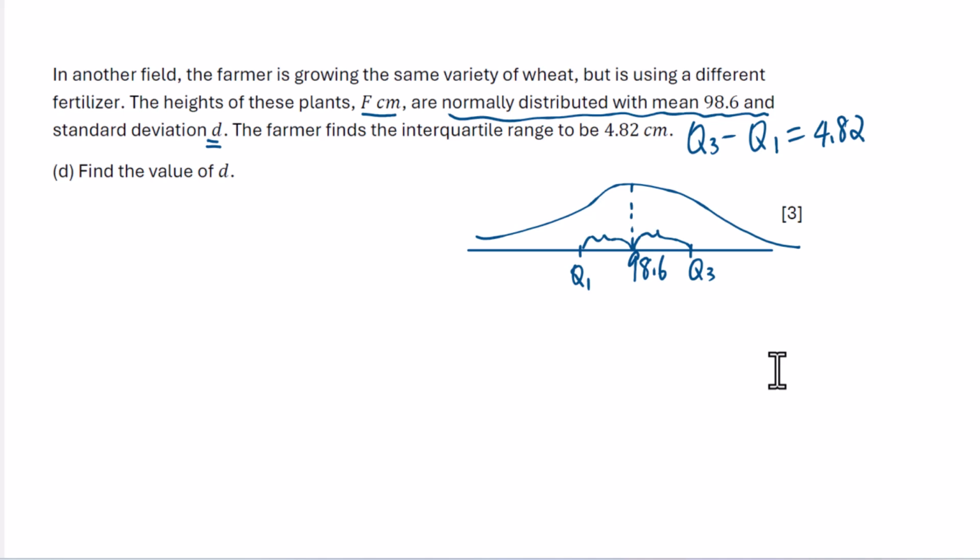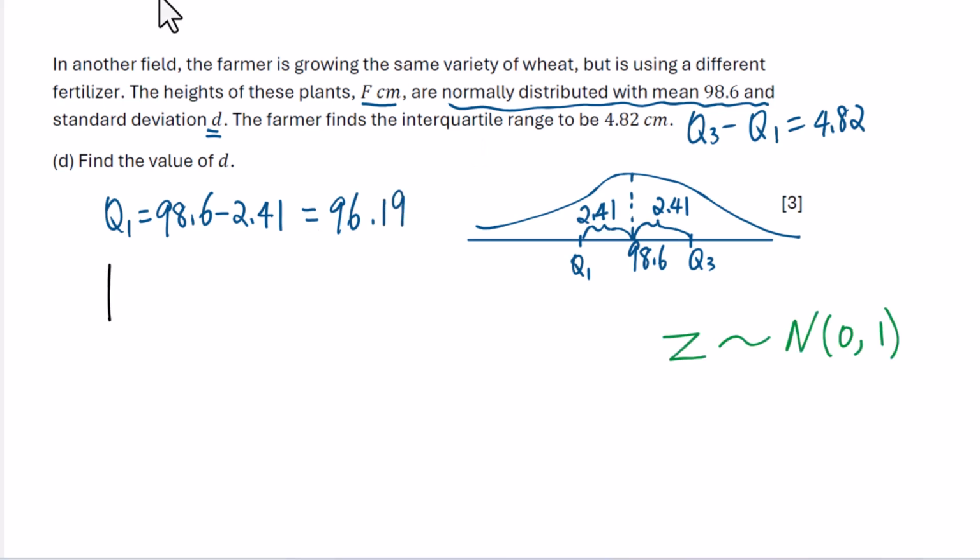So the distance between Q1 and mean equals the distance between mean and Q3. Therefore, this is 2.41. This is 2.41. Q1 equals 98.6 minus 2.41 equals 96.19.